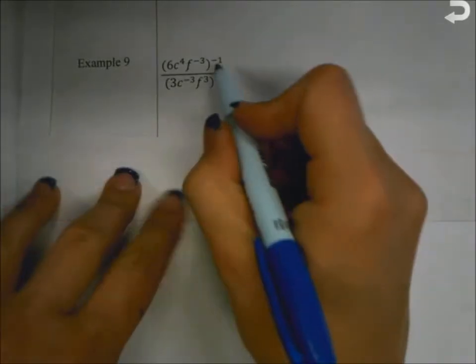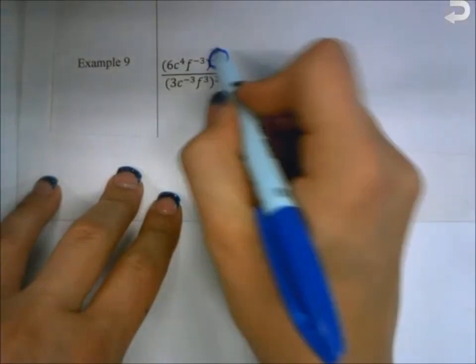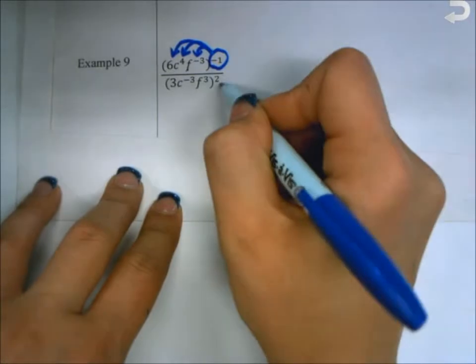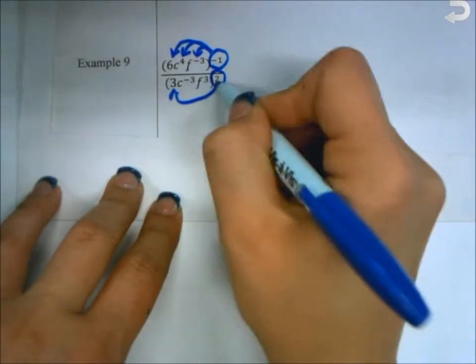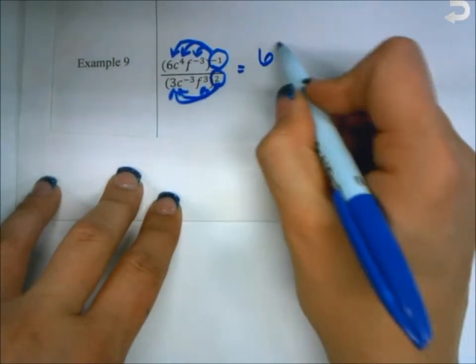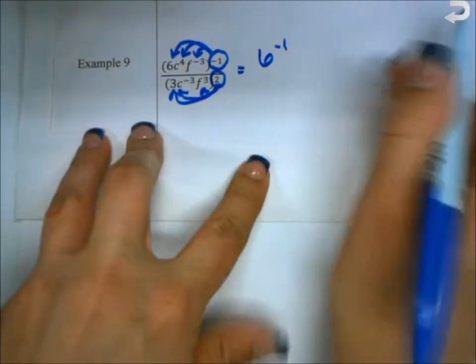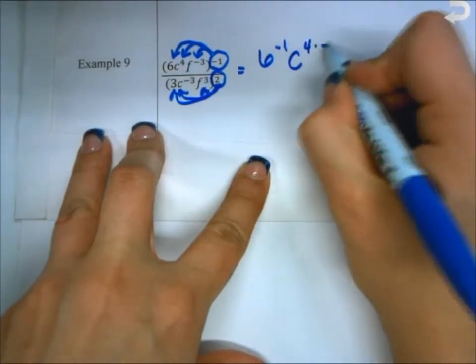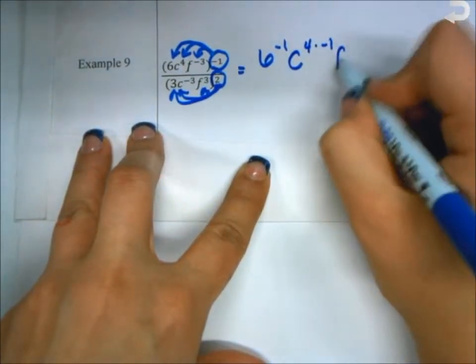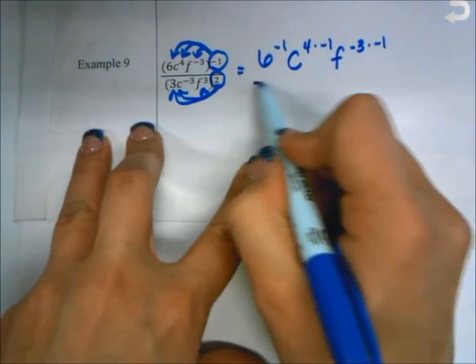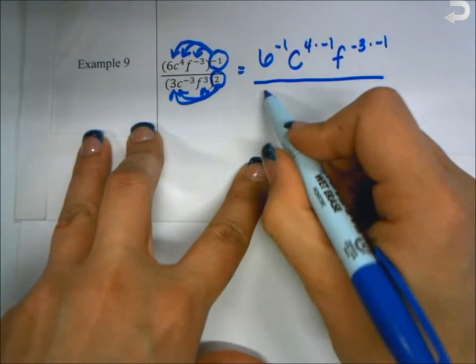So what I have after I distribute is I'm going to get 6 to the negative 1st power, c to the 4 times negative 1st power, f to the negative 3rd times negative 1st power, all of that over 3 squared, c to the negative 3rd times 2, f to the 3rd times 2.